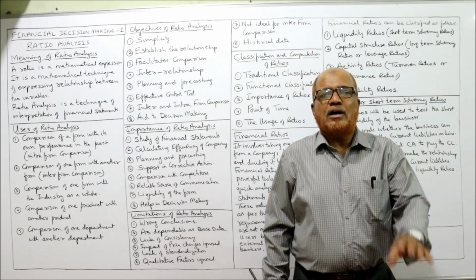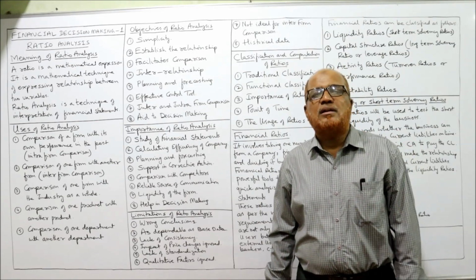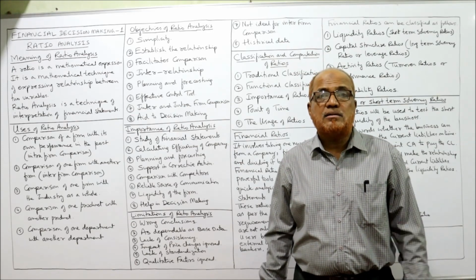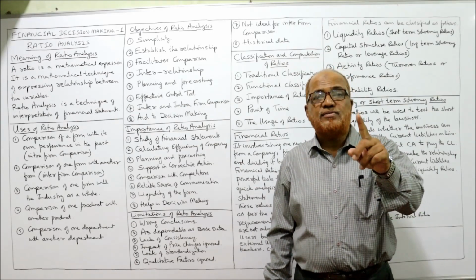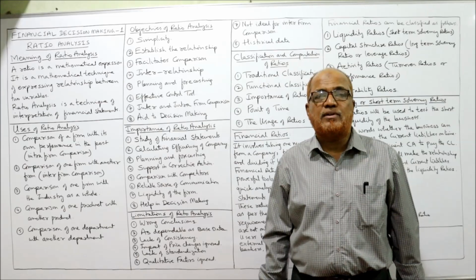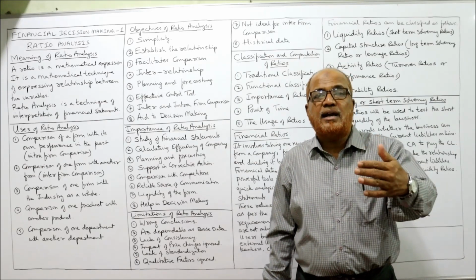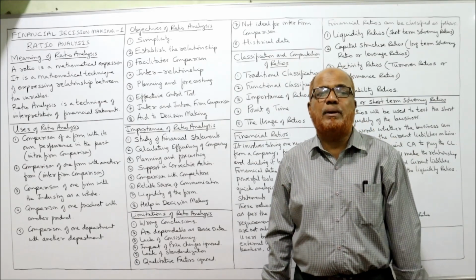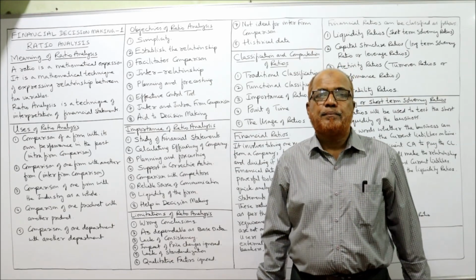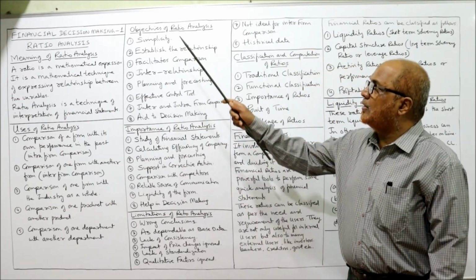Simply if we say the gross profit is 30% of sales, we can understand. That means for every 100 rupees of sales, we are earning 30 rupees of gross profit. Ratios make the data easily understandable and simple. That is the first objective.